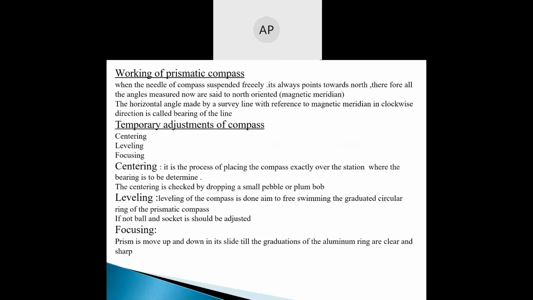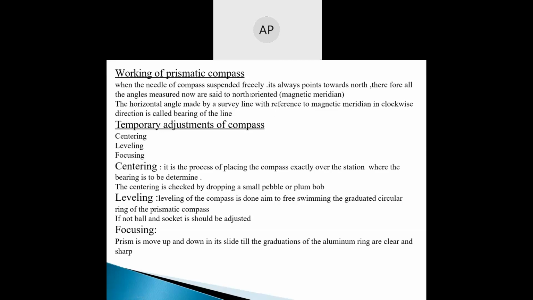Therefore, the angles measured are said to be north oriented. All angles measured with a prismatic compass are north-direction oriented. The horizontal angle made by a survey line with reference to the magnetic meridian in the clockwise direction is called the bearing of the line.